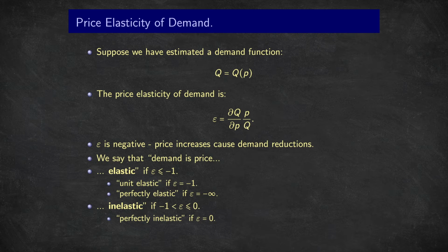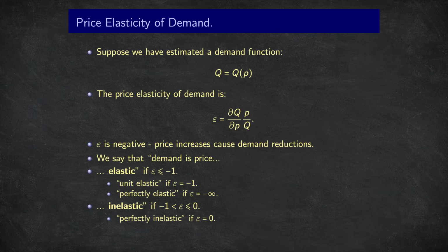Typically, we'll imagine that this is a negative number because we typically expect that as the price increases for a good, demand goes down. This doesn't always happen, but it's very, very common. So we'll often think of this as a negative number.